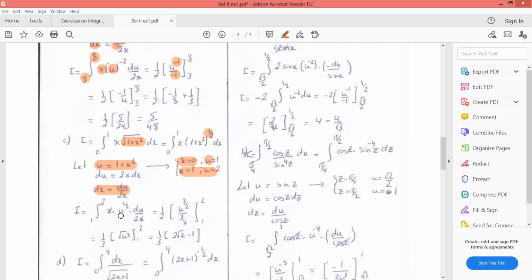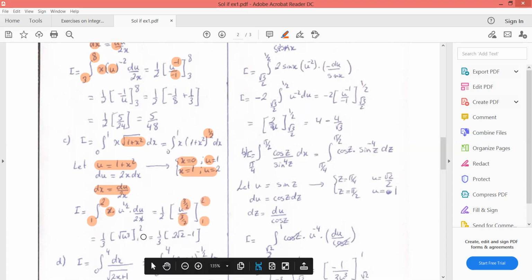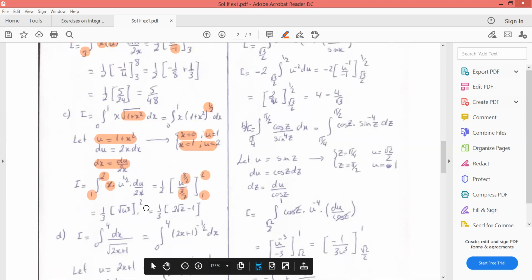Then I equals integral from 1 to 2. I leave this x, u to the power half, du over 2x, x and x simplified, half, add the power by 1, we get u power 3 over 2 over 3 over 2 between 1 and 2. So we have 1 over 3 radical u cube and f b minus f a.